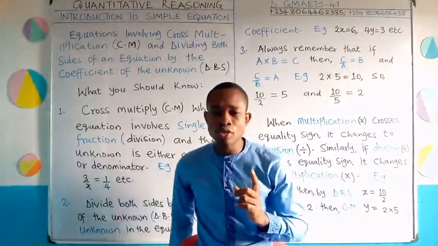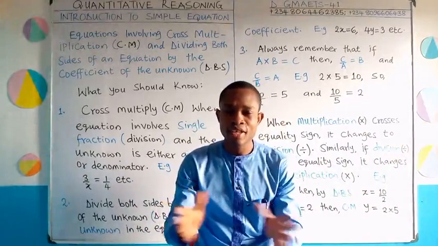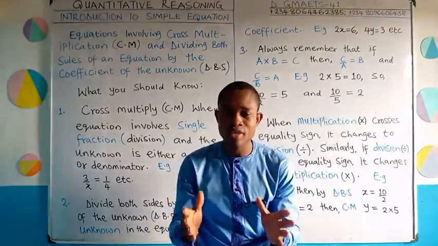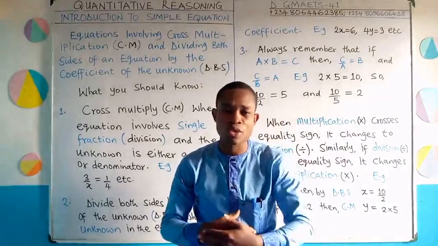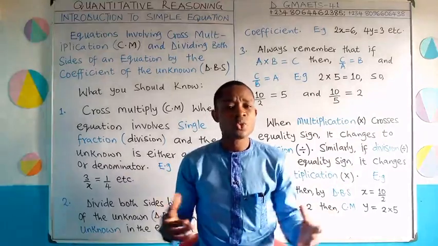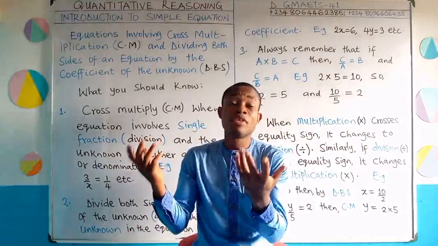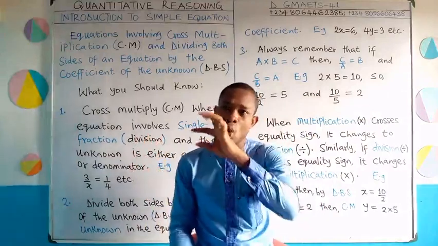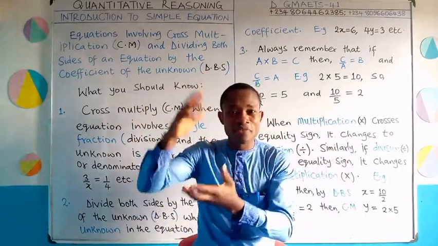Remember, the unknown is what you are looking for, the letter in the equation that you are dealing with, what you are asked to calculate or find. So, anytime you are solving a question, maybe you have a quantitative reasoning problem and you notice that the way they read the sample, you are going to get a fraction.